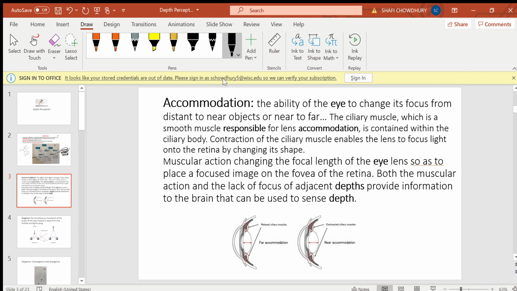Accommodation, the ability of the eye to change its focus from distance to near object or in the opposite direction, from near to far or distance.